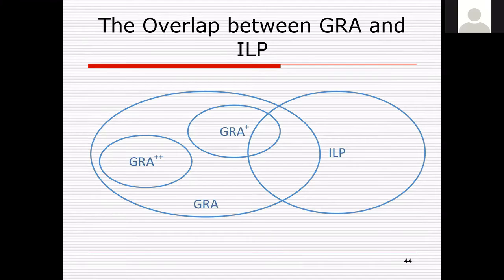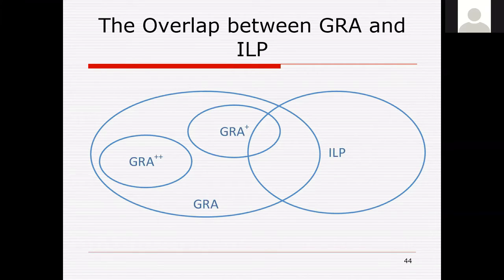Now, if some of you know the ILP, that's called integer linear programming, you may say, yes, just use the ILP. Oh, yes. Now, all of my work on GRA+ is finally transferred to an ILP.